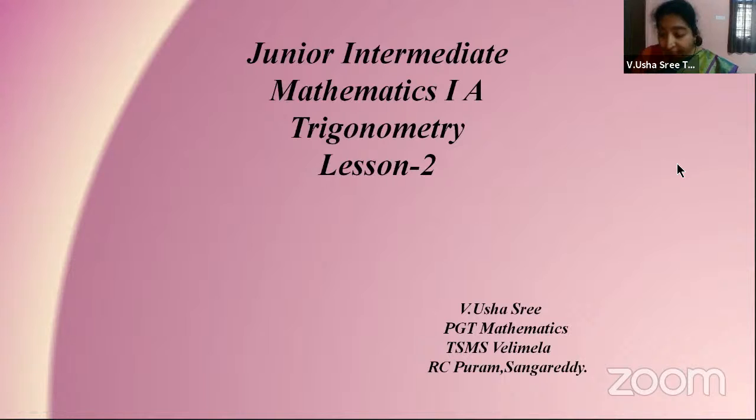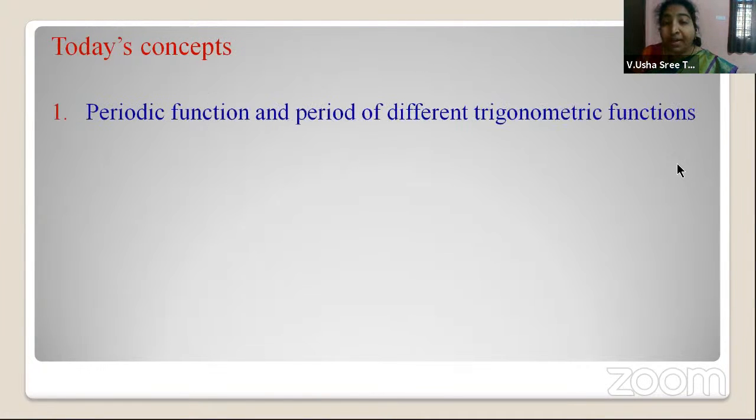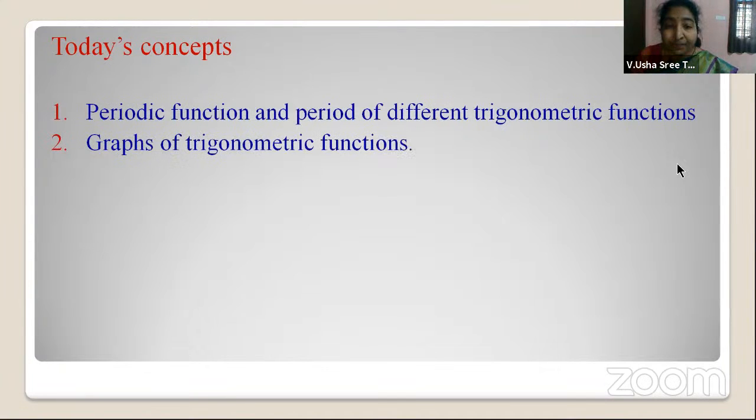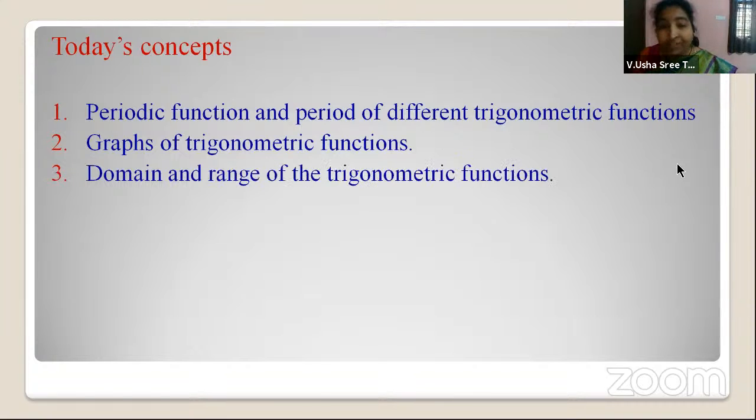Okay, today we are going to see a few more problems dealing with the trigonometric concepts we have seen yesterday and an extension of that. Today's concepts are periodic function and period of different trigonometric functions, then graphs of trigonometric functions, domain and range of the trigonometric functions.